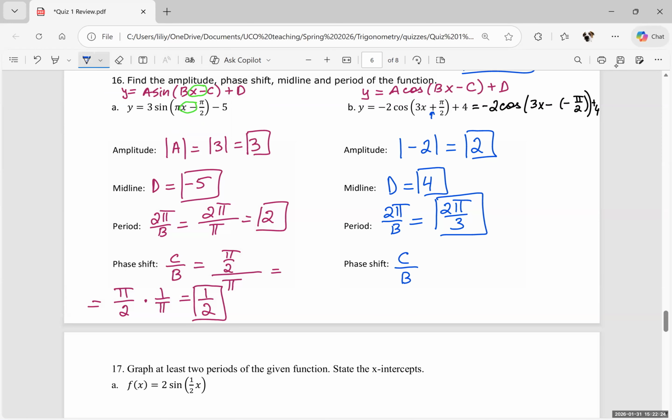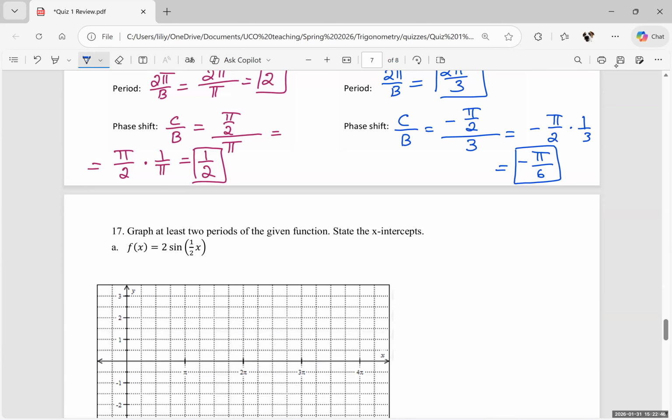C over B, C is negative pi over 2 divided by 3. So negative pi over 2 times 1/3, negative pi over 6. We're not graphing these, we're just identifying all the parts of the function.